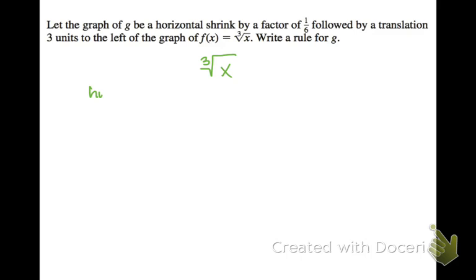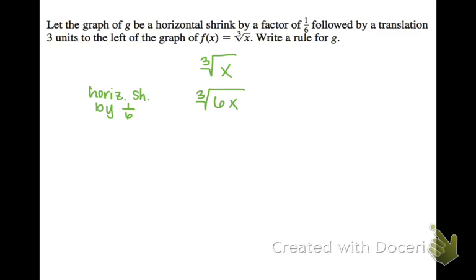So a horizontal shrink by 1/6 means that we're going to plug in positive 6 for the value in front of x. Since it's horizontal, it's going to happen under the radical. And remember that horizontal is always going to be the reciprocal, so it's going to become this.